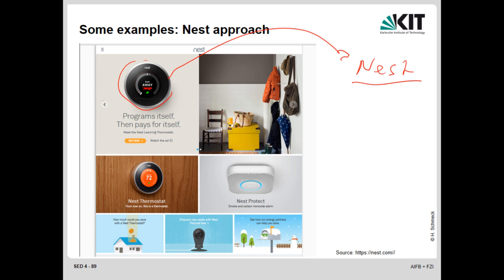Okay, and there have also been some statements on how much energy you can save if you say, I'm at home at certain times, let's say in the morning a little bit of time, and then later on, late afternoon, and at those times I would like to have a high temperature, and in between it's sufficient to have a lower temperature.